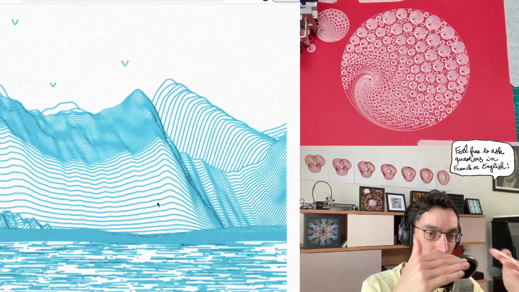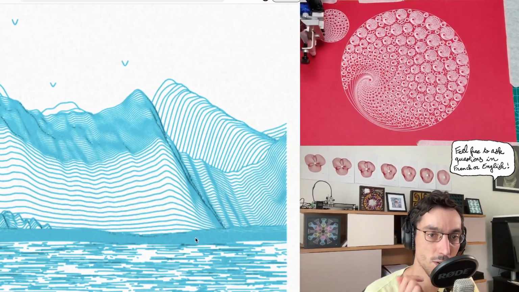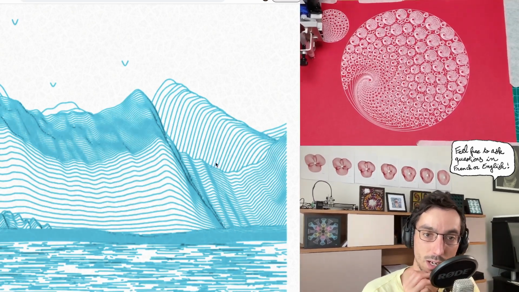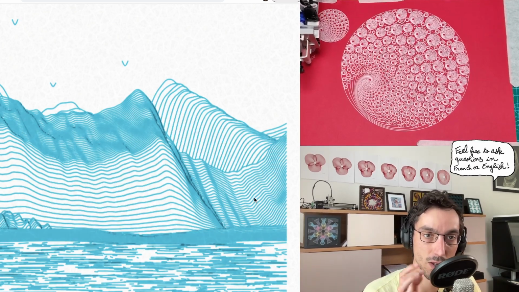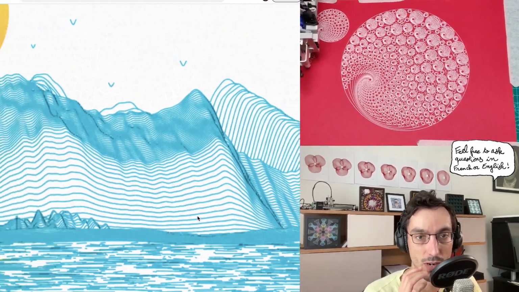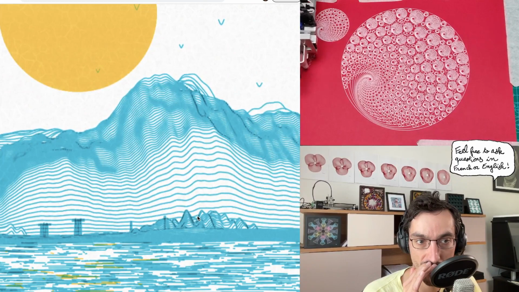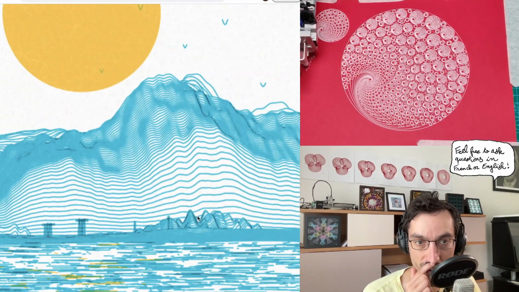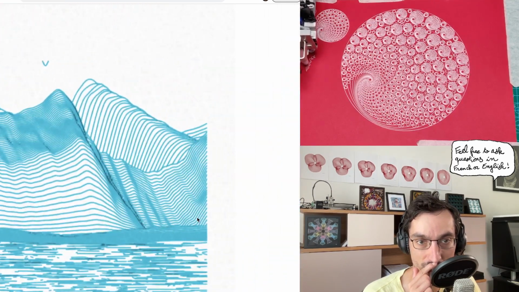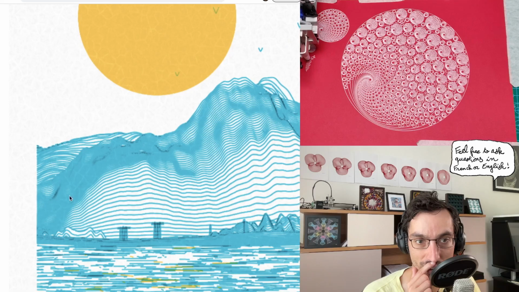The mountains are made with stacking lines, and the first mountain has lines very close to each other, but every layer distances the lines a bit more, and sometimes it can be quite distant, so that's quite interesting. Here we have a real mountain. That's interesting. We have a hole.